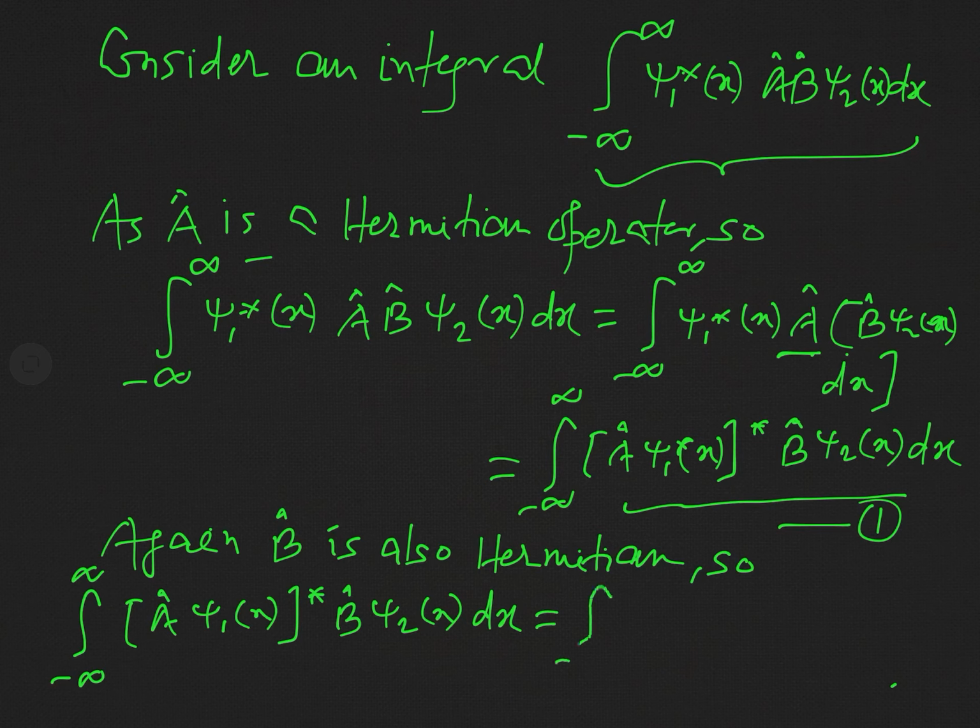This is equal to the integral from minus infinity to plus infinity. Now we can link this operator B hat to the first function, and so this will be the integral B hat A hat psi1 of x star psi2 of x dx, and say it is equation 2.